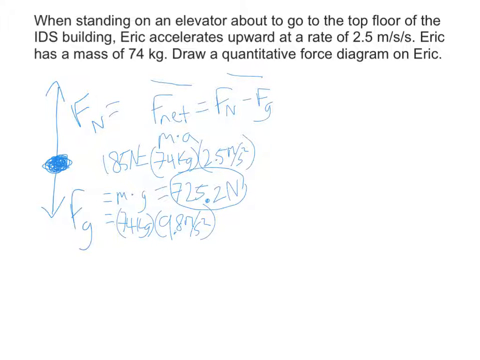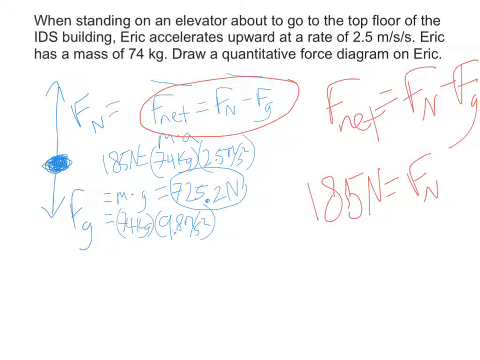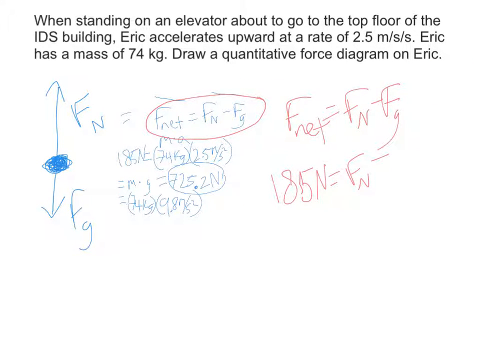So now if we go back to this equation, we can say that F net is equal to force normal minus force gravity. We know the net force, 185 newtons. We don't know the normal force, but we do know the force of gravity, which is 725.2 newtons.